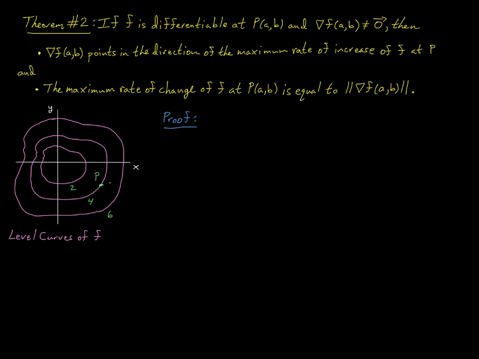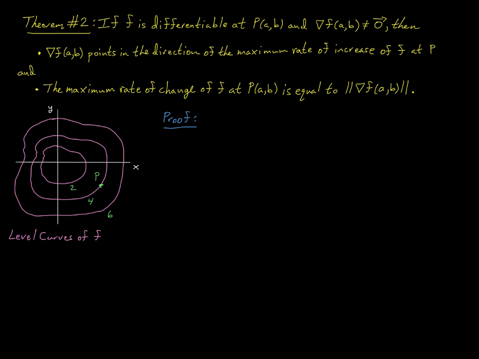Okay. So if I'm at the point P, let's say I now want to choose some direction to walk in to increase my altitude. And furthermore, if I wanted to know what direction should I move in so my altitude increases as fast as possible, where should I move?